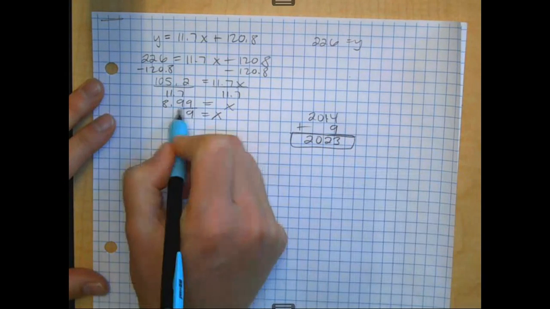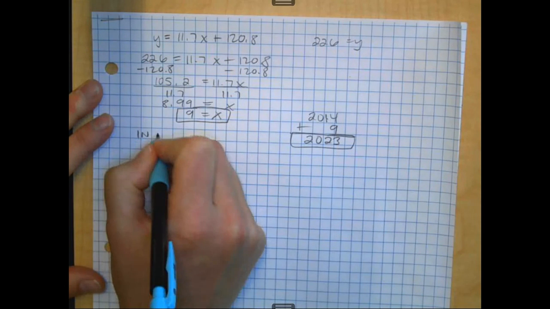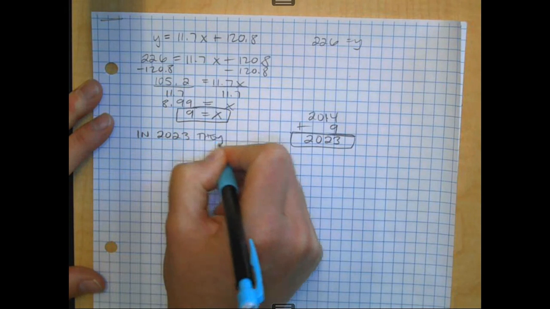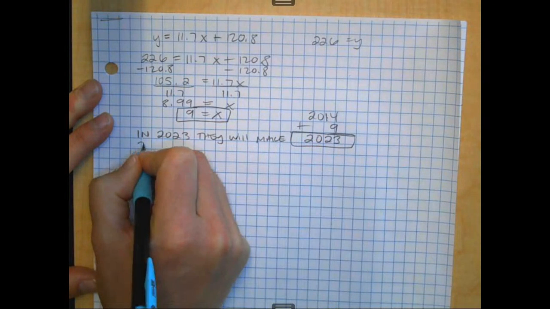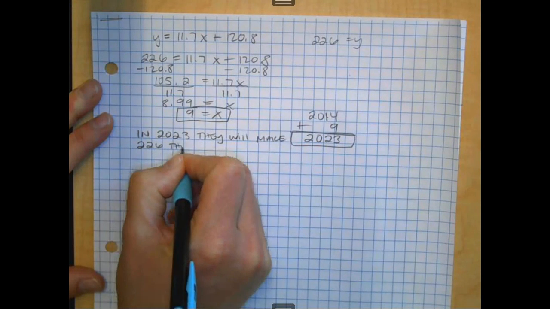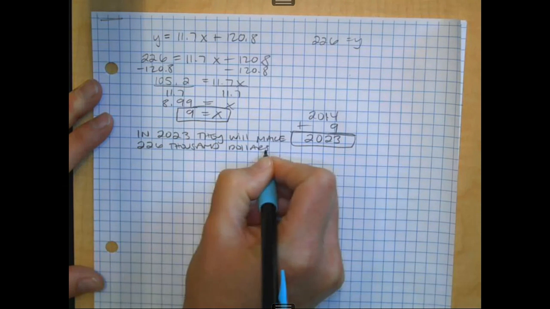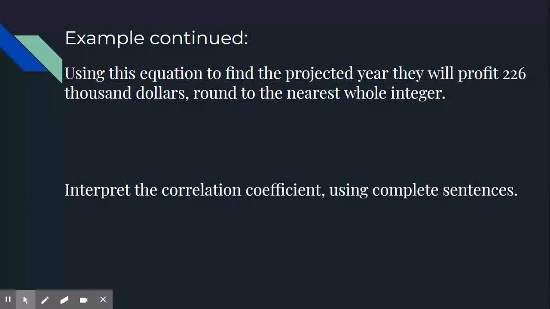So we have to use this value to add it to our years. So in 2023, they will make $226,000. So this is what we use our linear regression stuff for, because we can predict values by using those linear regression lines.